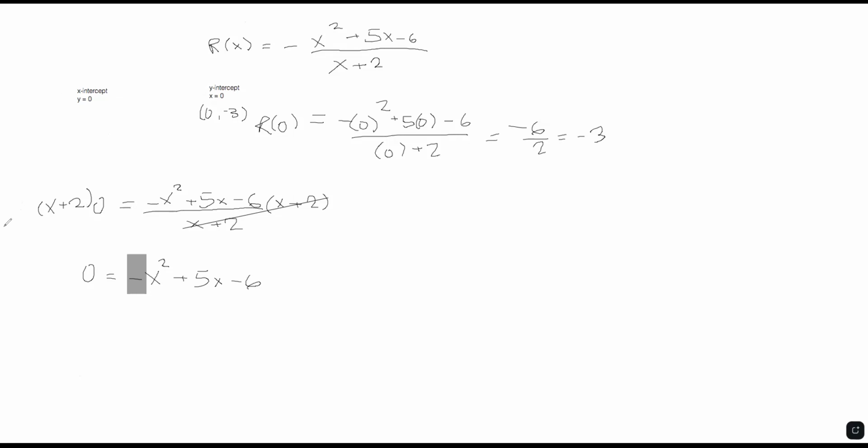Yeah, exactly. So let's multiply both sides of the equation by -1. That'll flip the sign of everything and keep both sides equal to each other as before. So 0 times -1 is still 0. And if we distribute the negative, we get positive x squared, negative 5x, and positive 6. So now we have a positive leading coefficient, which is exactly what we wanted. So what method do we want to use to solve the quadratic here?